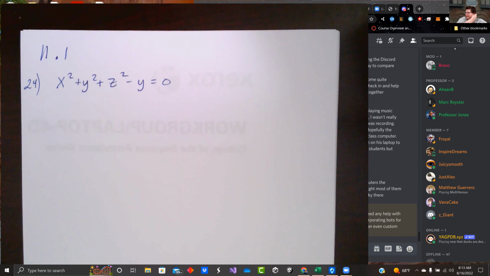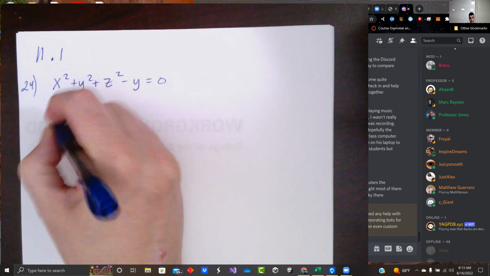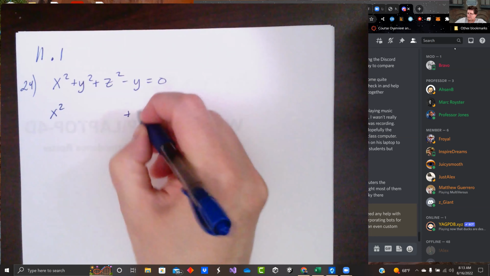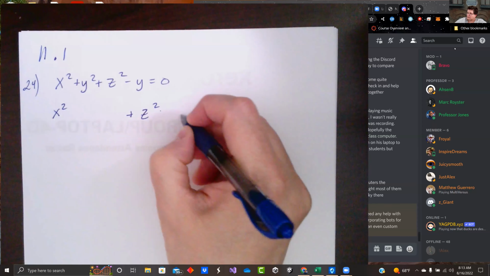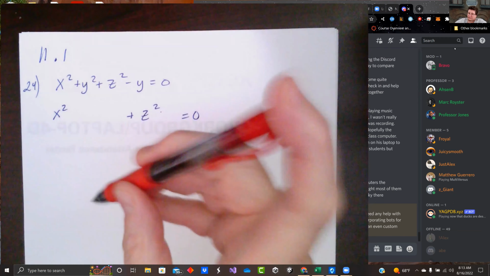Is the current format of this equation really all that helpful? It might be more helpful if we group the y's together.